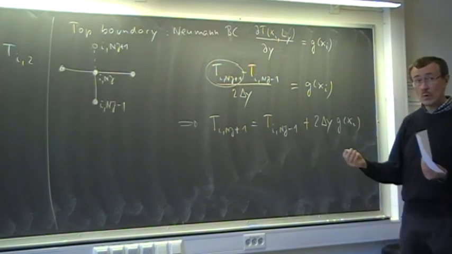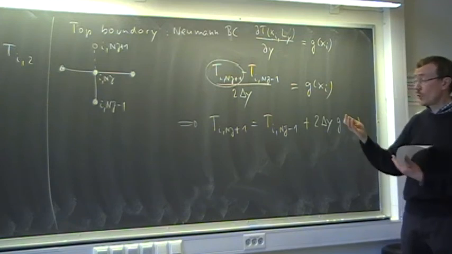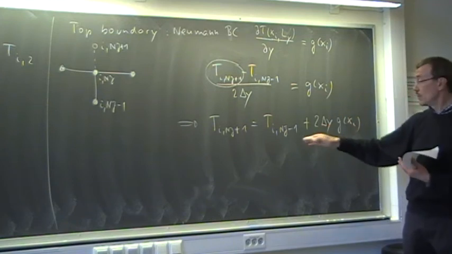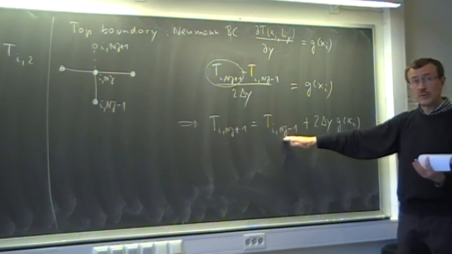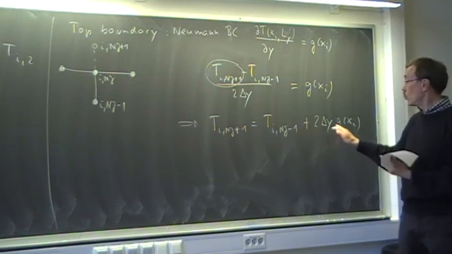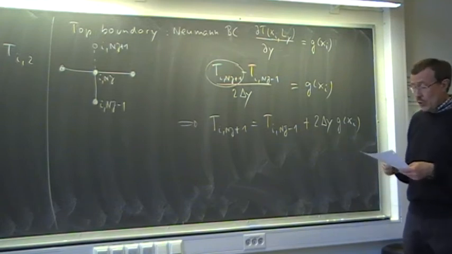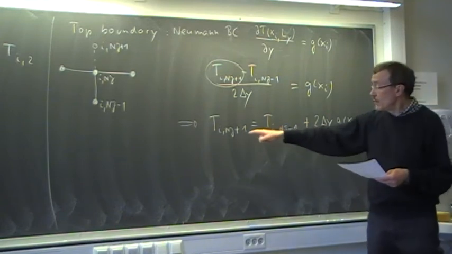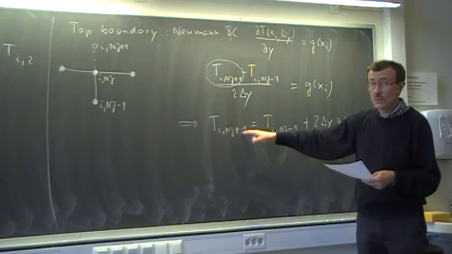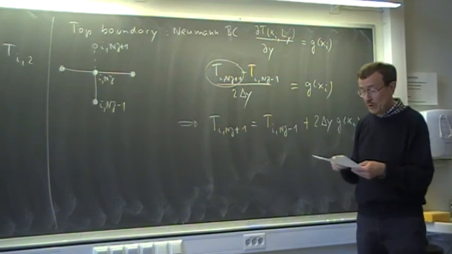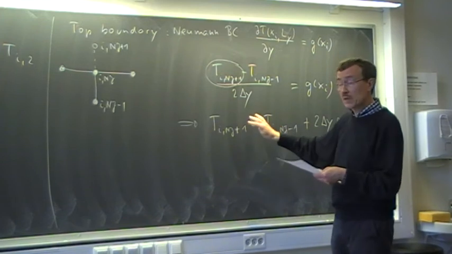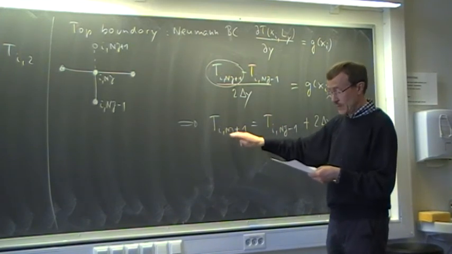So then we can express the ghost point value by known values, one from the southern point and one that is simply given. So then we use this when we do the discretization. We use our standard approximation and we insert this where it enters.